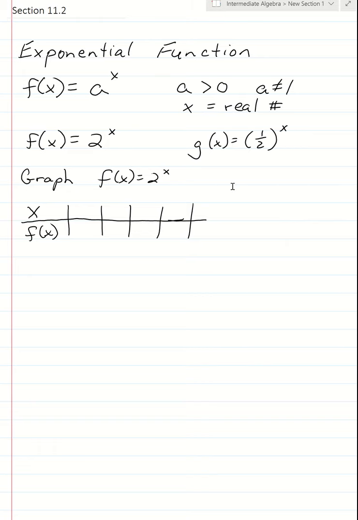And what's nice about exponential functions, in terms of the domain, we will be able to see that the domain is all real numbers. We will be able to plug in any value, any real number for x. So for example, I am going to substitute values of x such as -2, -1, 0, 1, and 2.